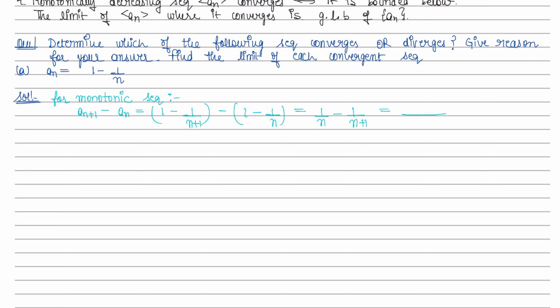Taking the LCM, it becomes (n plus 1 minus n) upon n(n plus 1), which is nothing but 1 upon n into n plus 1, and this term is always greater than 0. So therefore a(n+1) minus an is strictly greater than 0, which implies the sequence an is a monotonically increasing sequence.